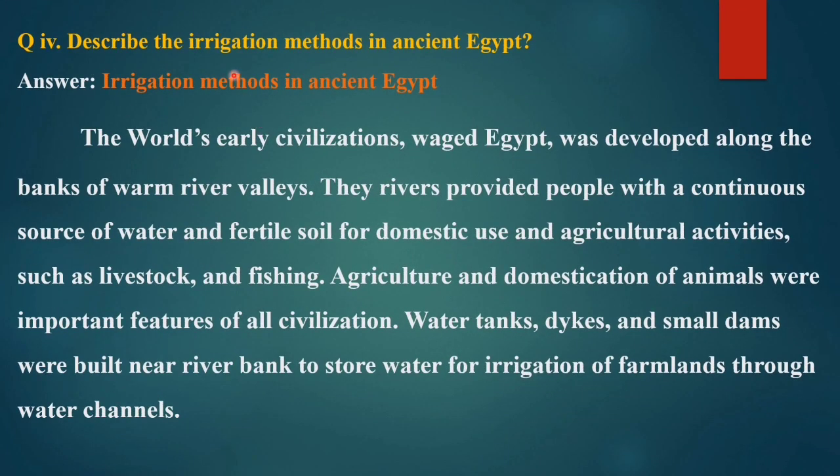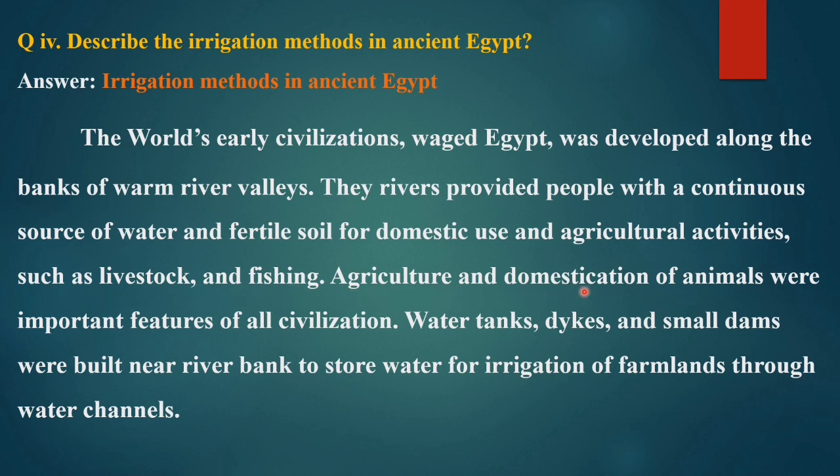Okay, describe the irrigation method in ancient Egypt. Irrigation is the procedure of watering the plants. It's watering the plants and the human body. That is irrigation. The world's early civilization, ancient Egypt, was developing along the bank of a river valley. The river provided people with a continuous source of water and fertile soil for domestic use and agricultural activities such as livestock and fishing.